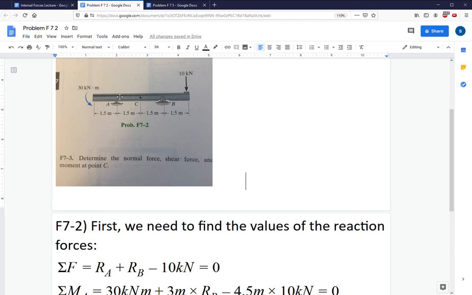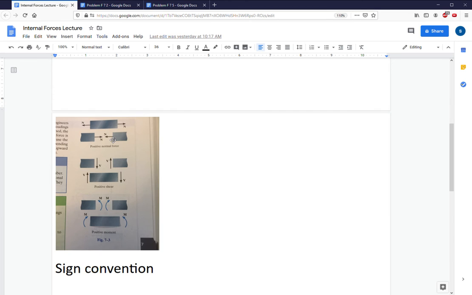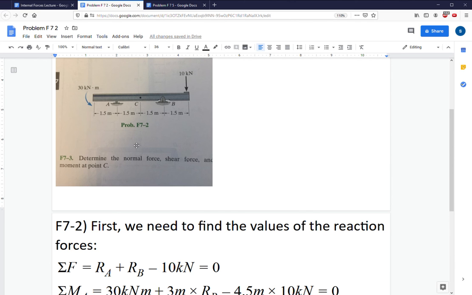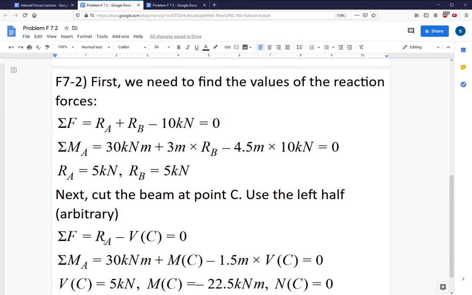So we have the assumed upward reaction at A. We also have the shear at C, which, looking at our sign convention, a positive shear applies a downward force on the right-hand side. So reaction at A minus the shear at C equals 0.